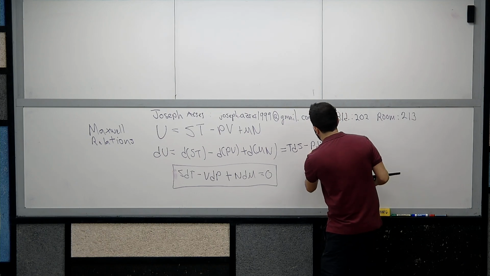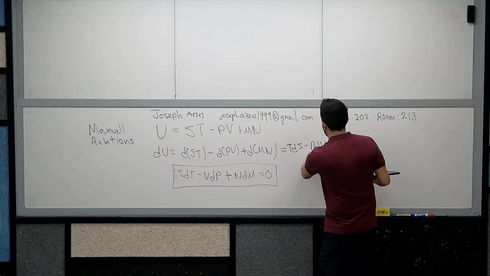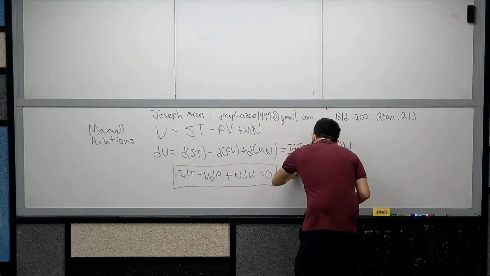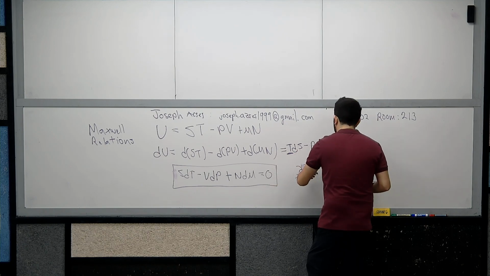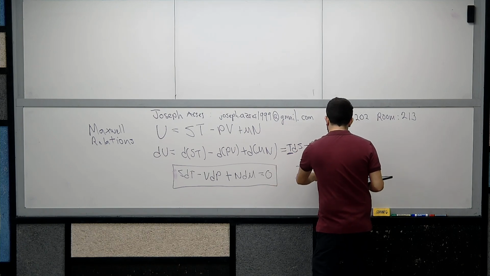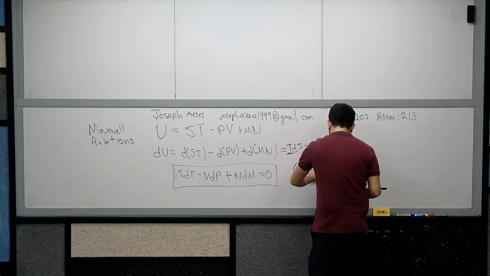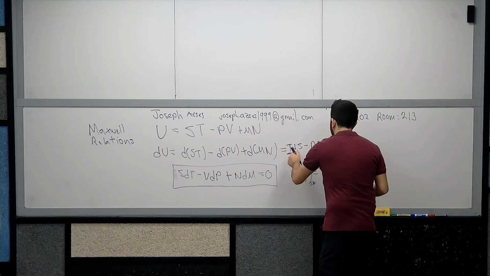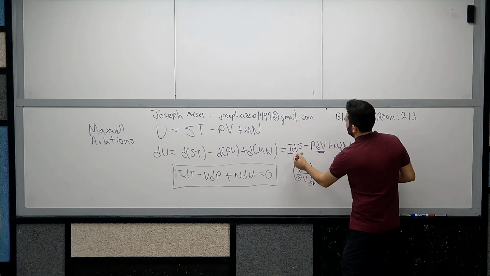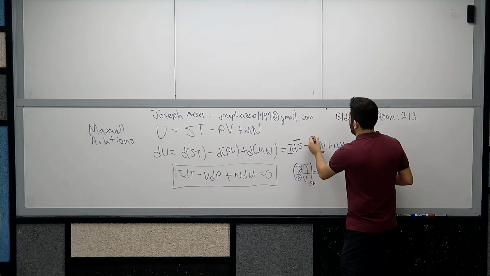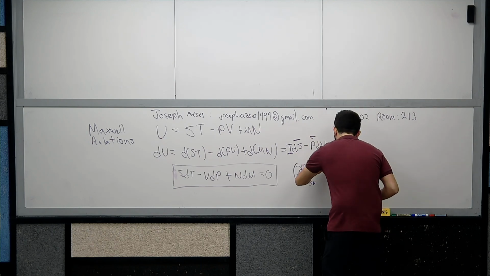So, for example, we can take the derivative of the temperature with respect to the volume, and this should be equal to the derivative of the pressure with respect to the entropy, right?